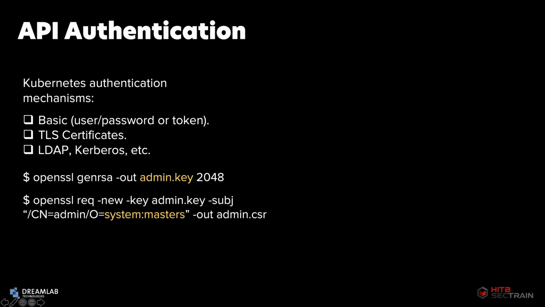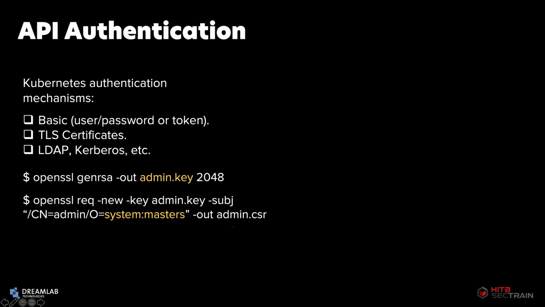It can be empty, but most likely we will need to specify a group. This one, system:masters, is the administration group by default in Kubernetes. It's a group that already exists and has all the privileges. So if we are creating the certificates for a remote connection of a user that is an admin, we need to specify the system:masters group here.